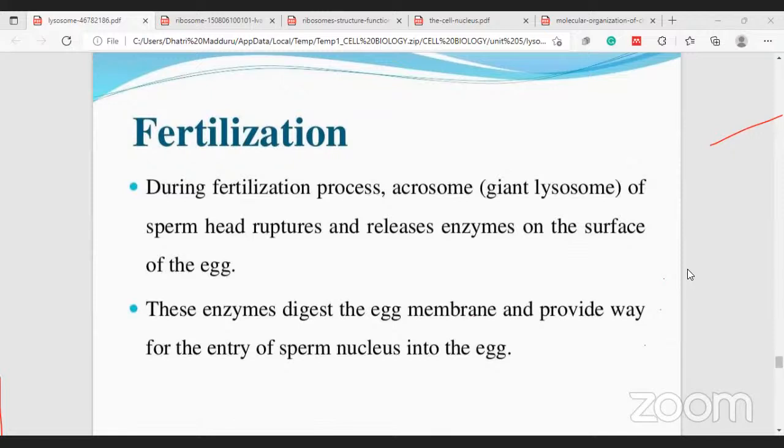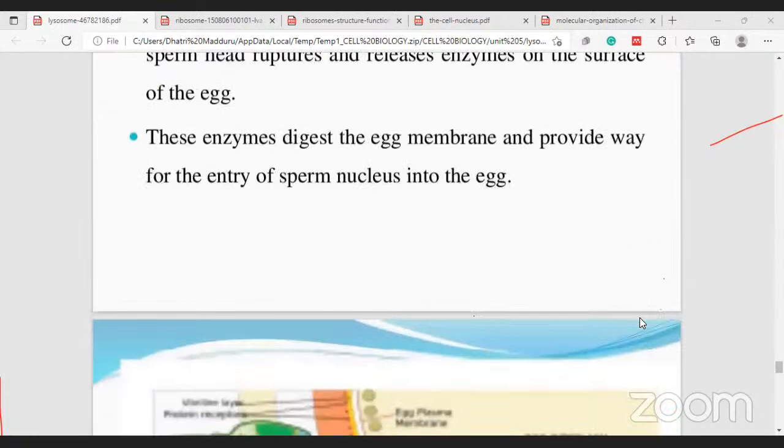During fertilization, this acrosome of the sperm head ruptures and releases the enzymes. These enzymes go and digest the egg membrane, that is the zona pellucida, and provide a way for the entry of the sperm nucleus into the egg, so that fusion and fertilization take place and the zygote is formed.